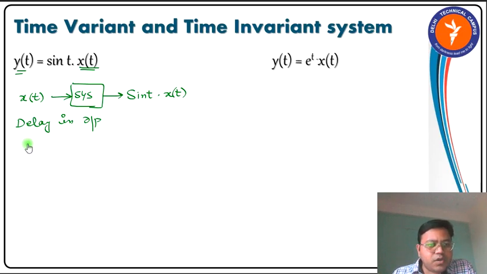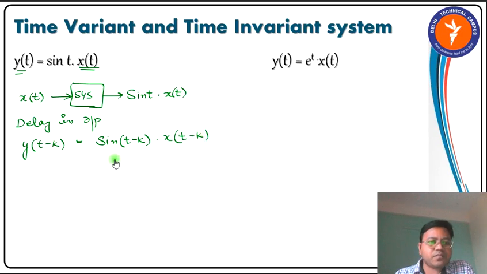So the delayed output y of t minus k will be equal to sine of t minus k times x of t minus k, because we had time here t minus k, and we had input signal x of t minus k. Now let us bring a delay in input.